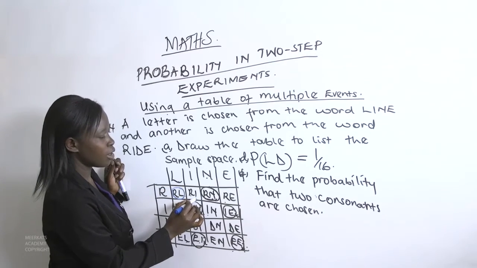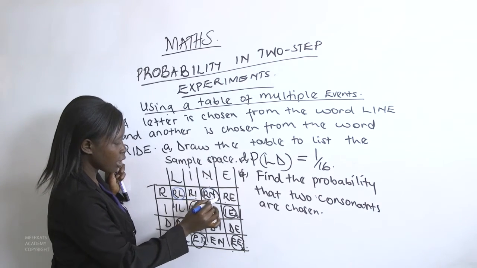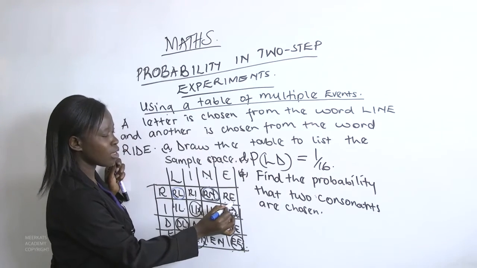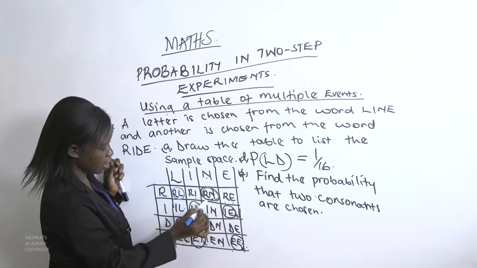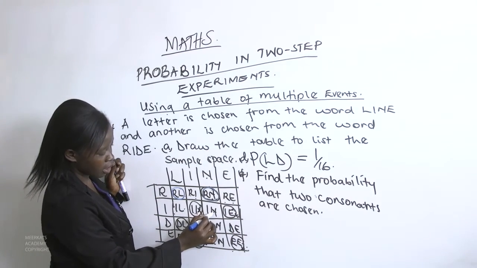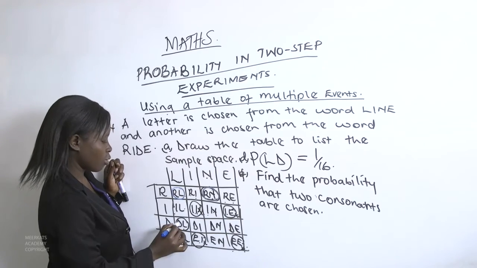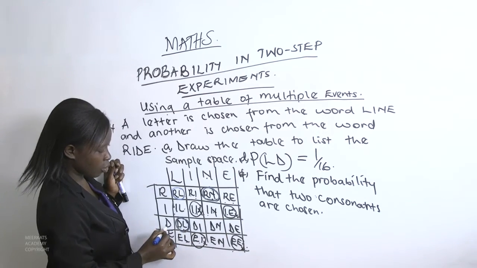Here we have a vowel, so it will not be included. So this is another consonant. This one has a vowel, so we don't have 2 consonants in that case. In this case, we have vowels here, so the next consonants we have is in that group.